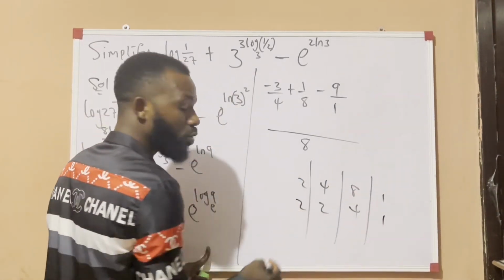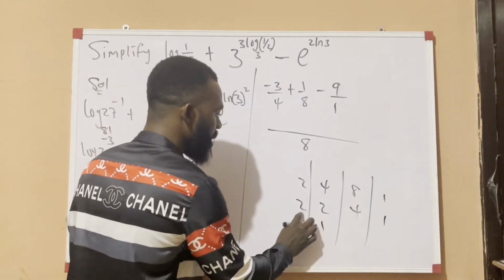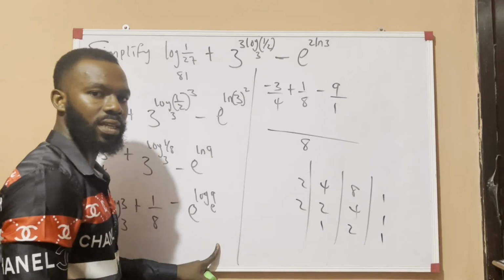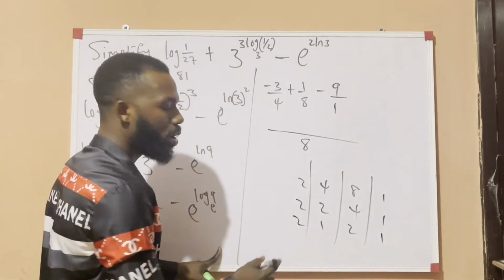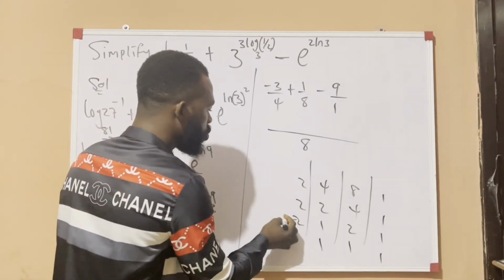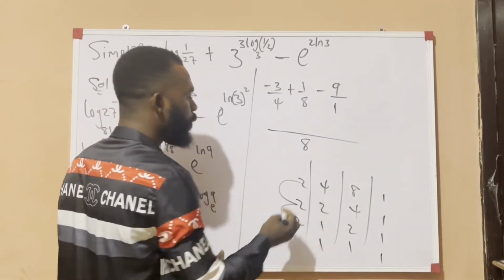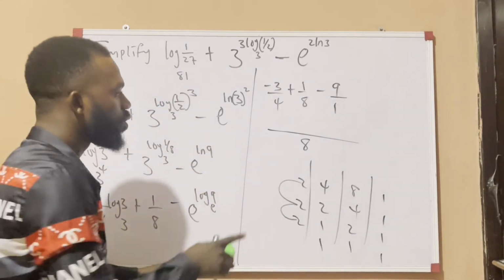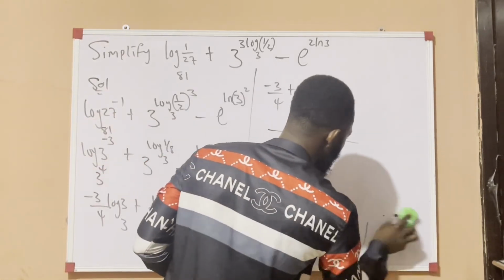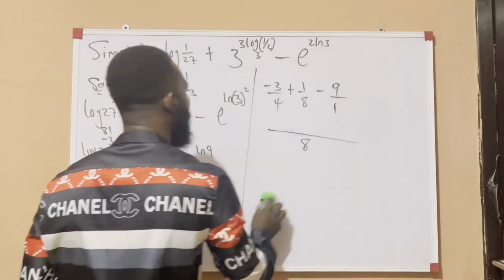Now 2 can also go. 2 into 2 gives us 1. 2 into 4 gives us 2. And here is still what? 1. Again, 2 can go. 2 into 2, 1. And here is 1. So now, 2 times 2 gives us 4. And 4 times 2 gives us what? 8. So this is how I got an LCM of 8.